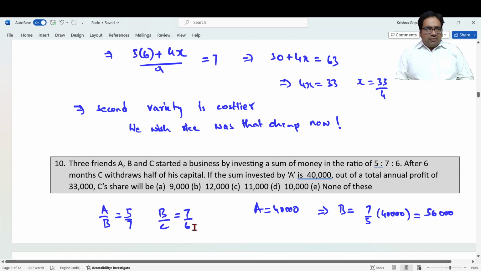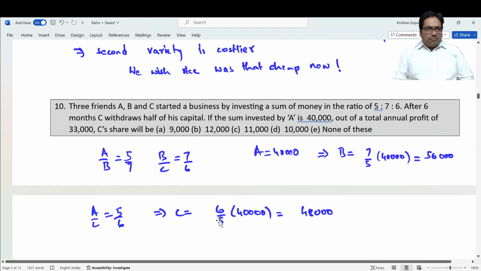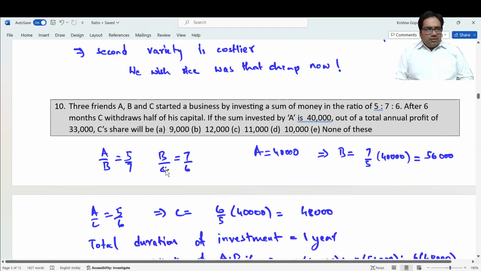Similarly, for C: A by C is equal to 5 by 6, so C is equal to 6 by 5 of A, which is 6 by 5 of 40,000. 8 times 6 is 48,000. So we know A, B, and C.